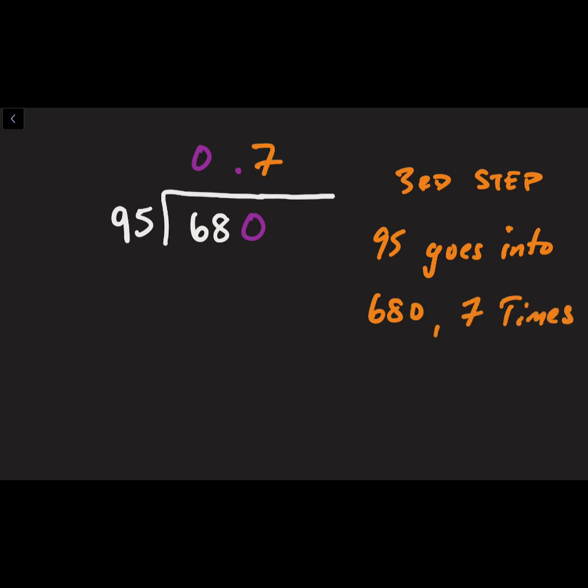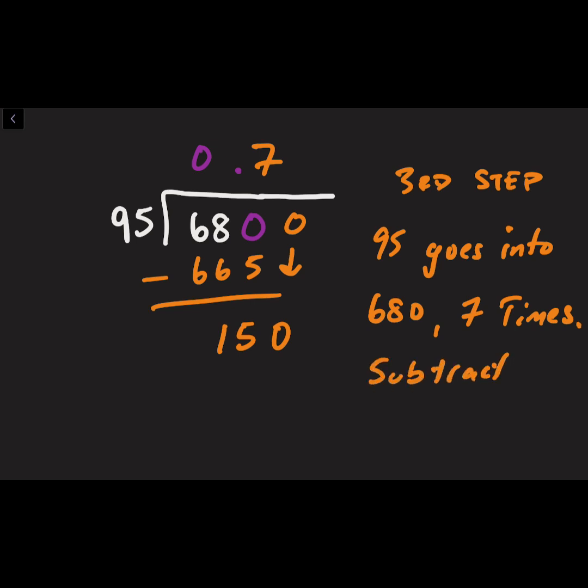Put our 7 at the top right here. 95 times 7 gives us 665. We're going to write that right here and subtract it. That leaves us with 15. We can drop the zero down as well. So we subtract 665 from 680.